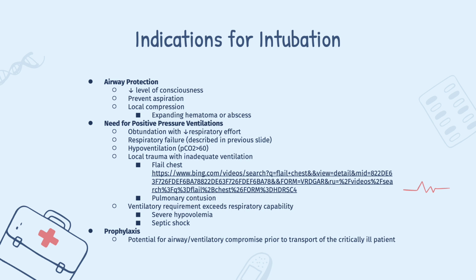Specifically, I'm thinking about transport of a critically ill patient. It's really better to be proactive and establish an airway prior to getting a patient in an ambulance or on a helicopter transporting them somewhere else. So really important to be proactive in protecting those patients' airways.